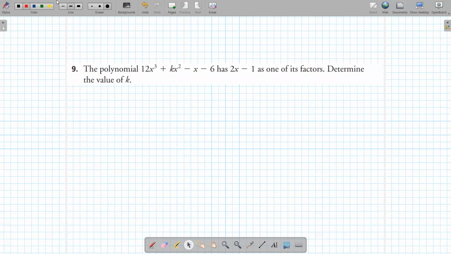Let's look at this one. The polynomial has 2x minus 1 as one of its factors. Determine the value of k. We're going to call this f of x. This is very similar to the last question. If 2x minus 1 is a factor, what does that mean in terms of the equation? What does that mean mathematically? f of something is something.